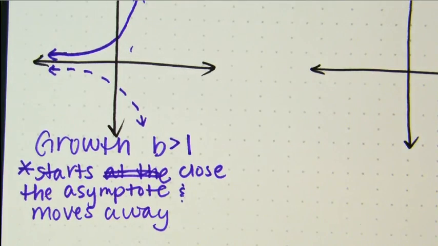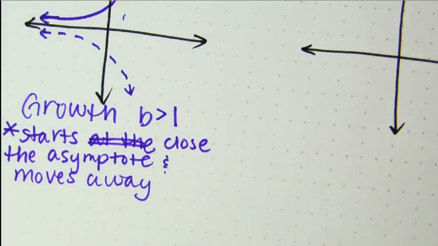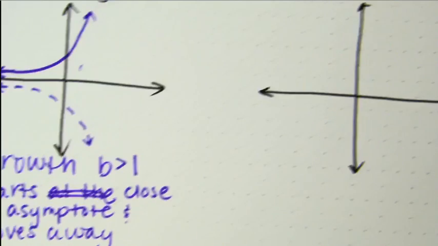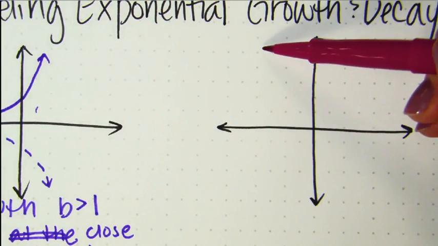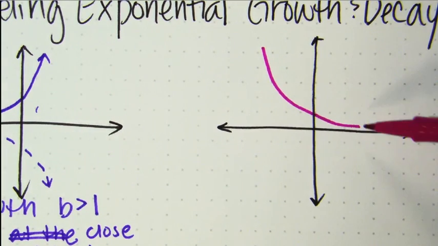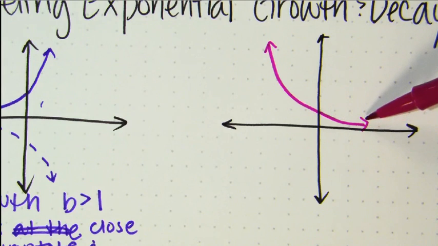Okay, so decay is going to be all the opposite, right? For our decay, we're going to start away from the asymptote and move closer to it. So it would be maybe something like that. And again, you don't have to be perfect. We want a curve, and we want that curve to get closer to the x-axis as it moves to the right.